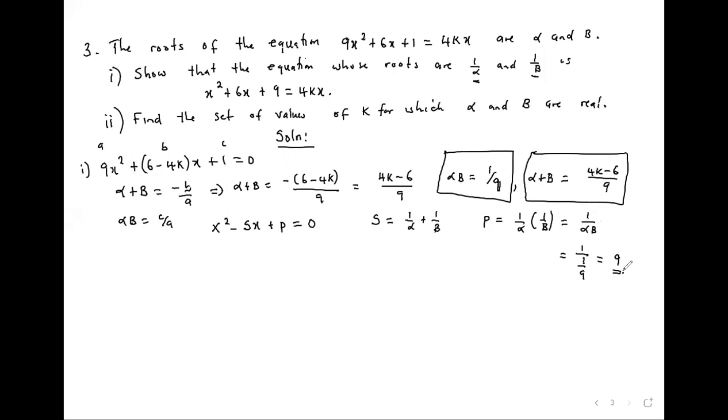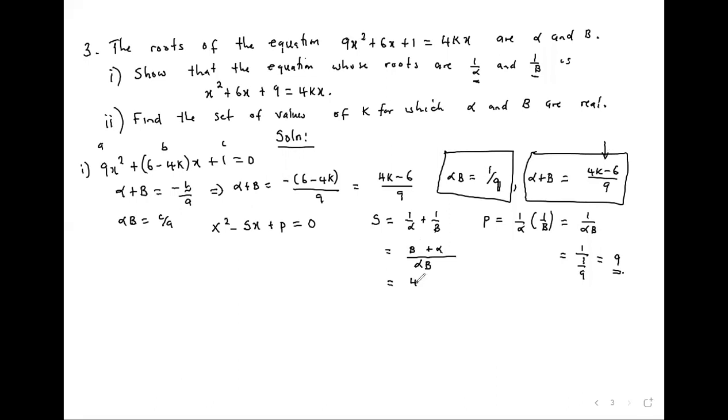That's the product. What about the sum? We have alpha beta as a common denominator, and then beta on top plus alpha. So alpha plus beta is also known. We just got it here.